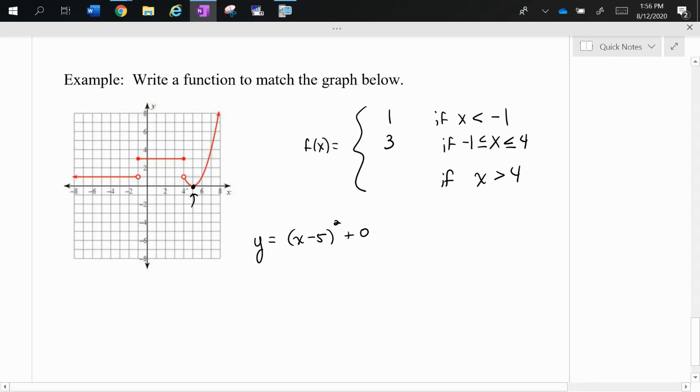I have a point at 4, 1. If I plug in 4, do I get 1? Yes, I do. And I also have a point at 6, 1. If I plug in 6, do I get 1? Yes, I do. So I've got x minus 5 squared if x is greater than 4.